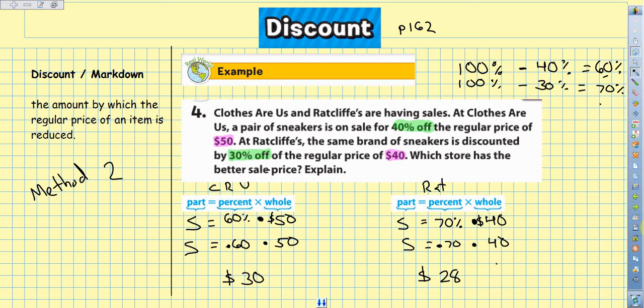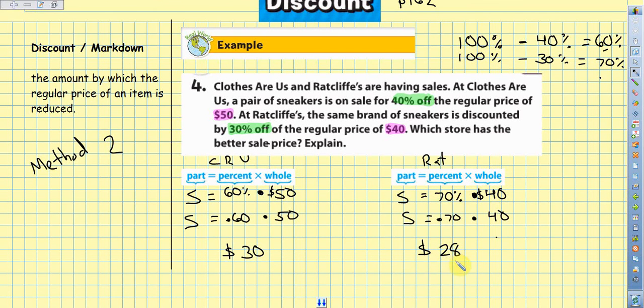And I shouldn't have to tell you, but I'm going to tell you anyways. $28 is a better deal than $30. So my best price here is going to be at Ratcliffe's for $28. Even though I only got 30% off their shoes, the 30% of $40 is going to be a better deal than 40% off of $50.